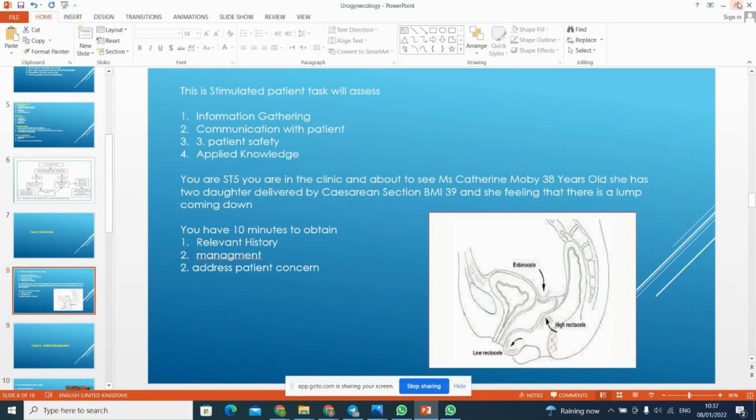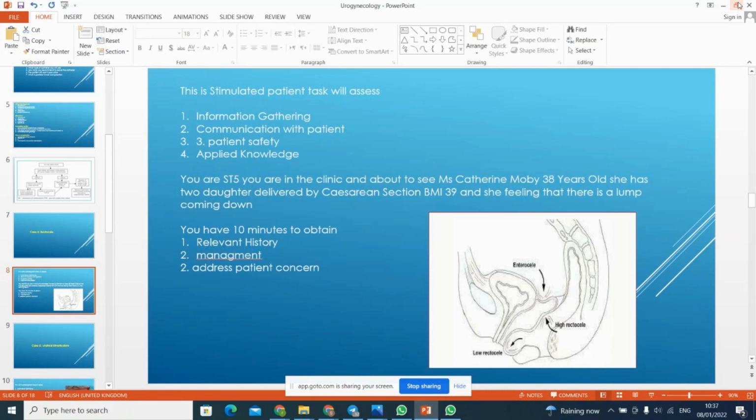Now, about the explanation, whether urinary stress incontinence, overactive bladder, mixed, or prolapse in general, tell her like this. As you know, the pelvic organs are the bladder, uterus, and the bowel. All of them are supported by muscle and supportive tissue.